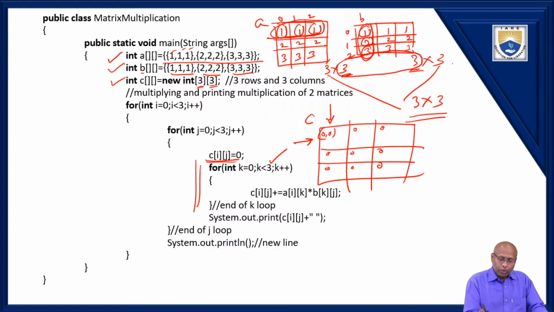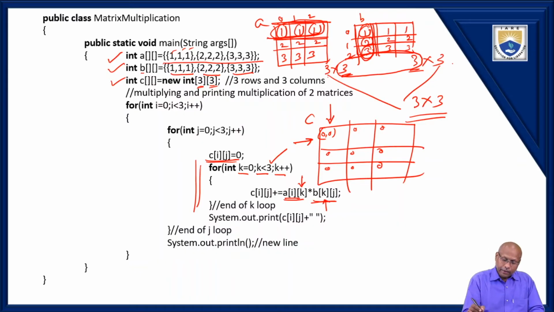I have to go through the complete set of elements of the row with the complete column of the second matrix. So as it has to repeat 3 times, my loop runs k equal 0, k less than 3, k plus plus, a of i k into b of k j. That means this k goes column-wise in a, and here this k goes row-wise in b.